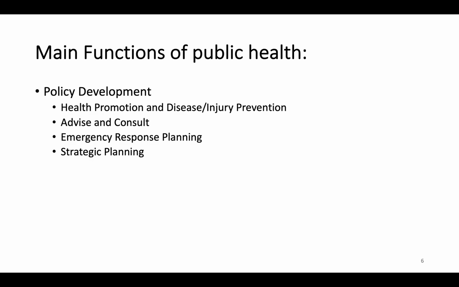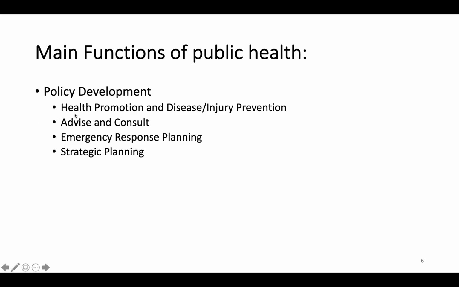The second role of public health is policy development. Again, imagine yourself as a high-level administrator who has assessed your population and knows you have, for example, high prevalence of obesity and high prevalence of smoking, and you need to come up with policies to solve these health issues.